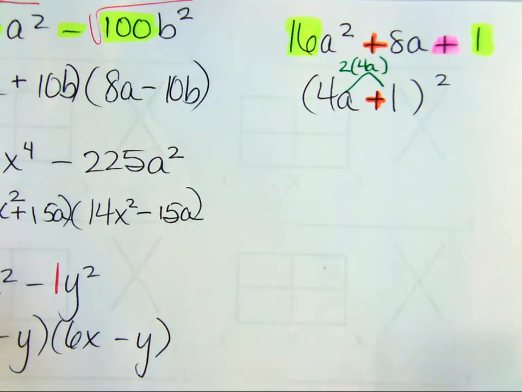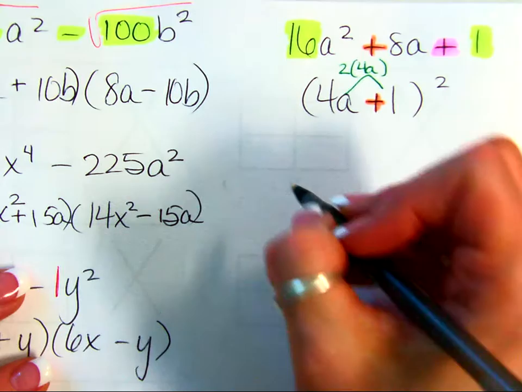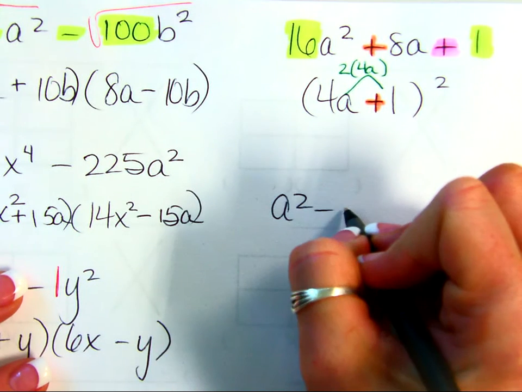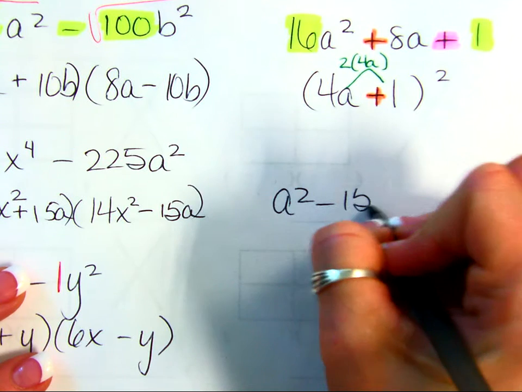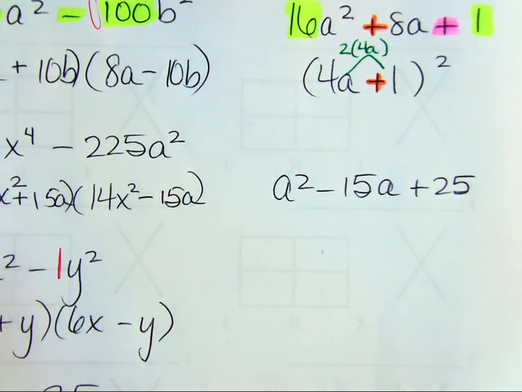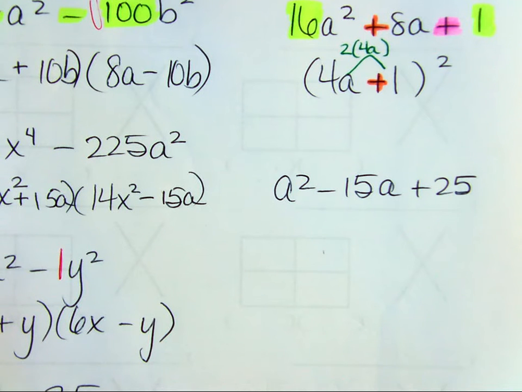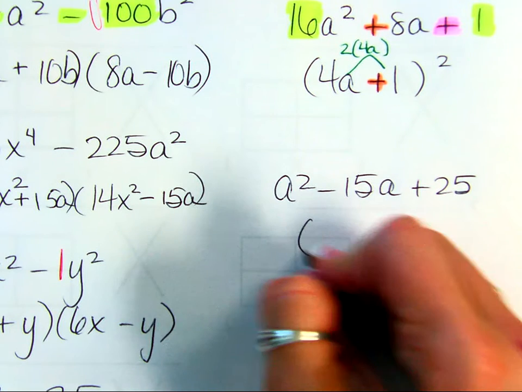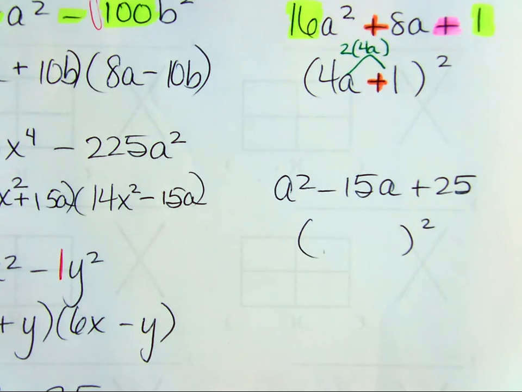So what's going to happen when we get to this problem? Let's try a squared minus 15a plus 25. Okay, try that. Looks good, doesn't it?